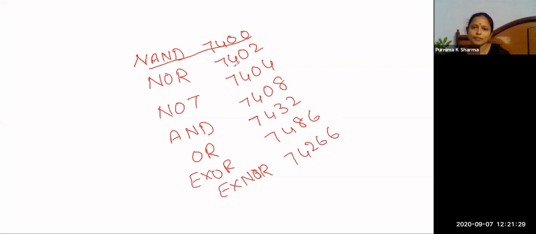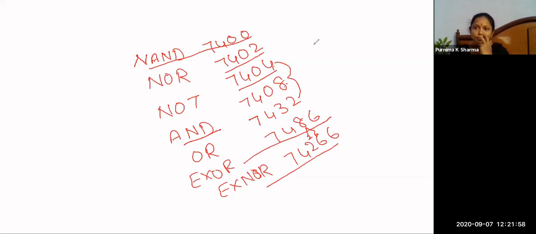NOR gate is 7402. 2 2s are 4, 7404 NOT gate. 2 4s are 8, AND gate IC. 8 4s are 32, OR gate. Remember XOR gate 7486. XNOR: split 8 as 2 and 6. This is XNOR gate.